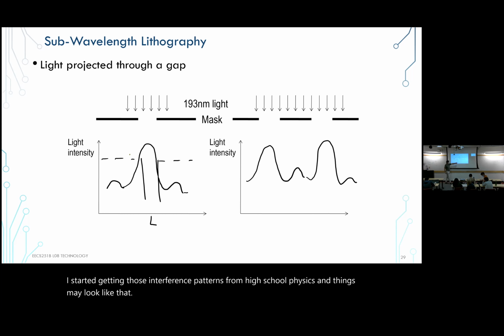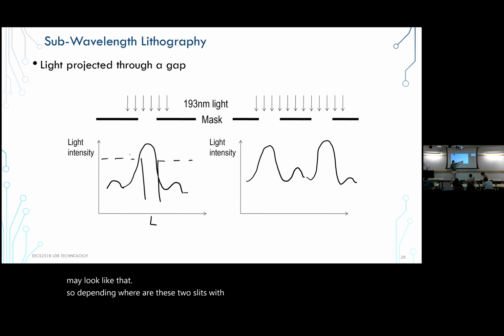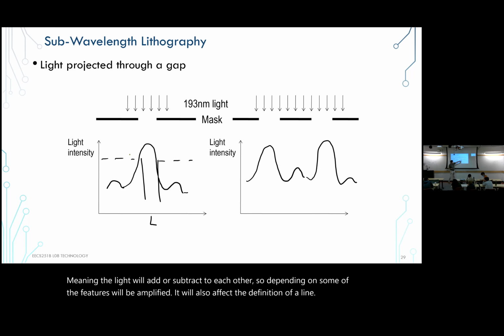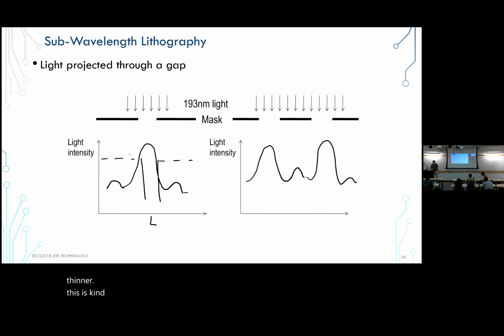Depending on where these two slits are with respect to each other, they may constructively or destructively add, meaning the light will add or subtract to each other. So some of the features will be amplified. It will also affect the definition of a line. Depending on where they are, the two neighboring lines may be thicker or thinner. It's kind of a problem, right?